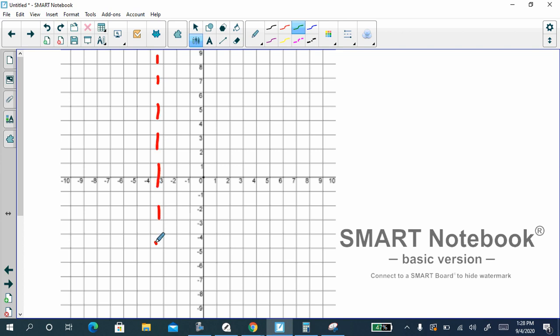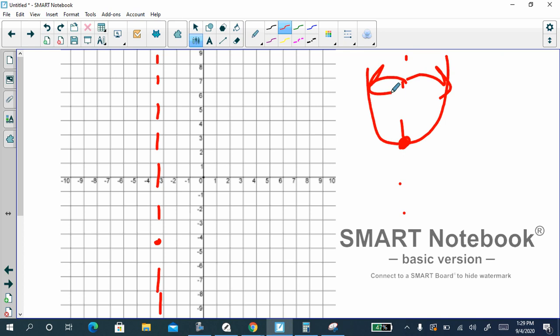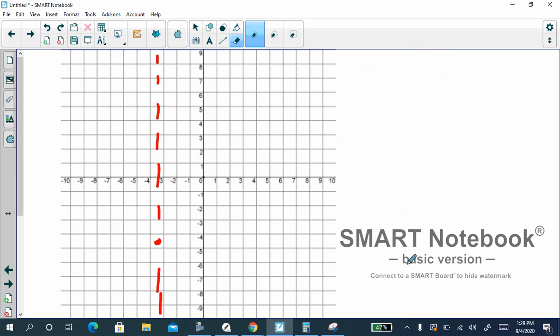Parabolas are symmetric, and the axis of symmetry goes right through the middle of the graph. So remember, a parabola looks like this. The vertex is here. One side is a reflection or a mirror image of the other. And that's going to help us when it comes to plotting this.